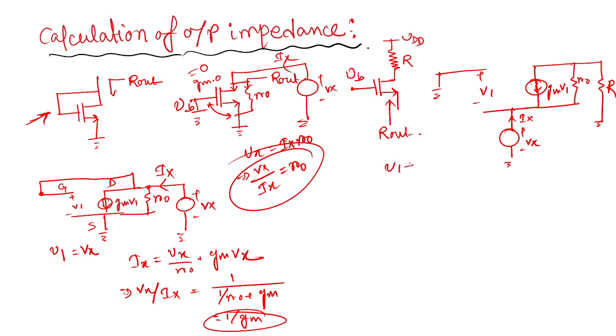Here we can write V1 plus Vx is equal to 0, so V1 is equal to minus Vx.